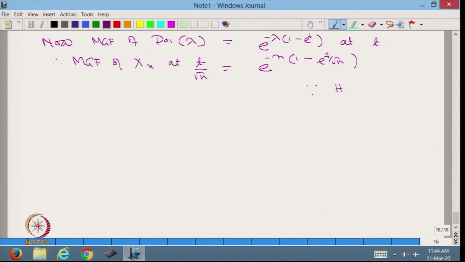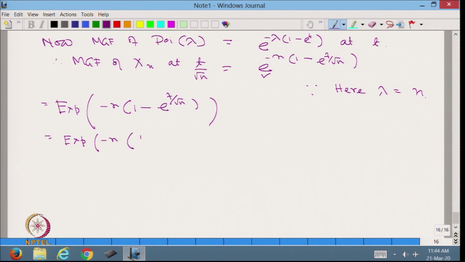Since here lambda is equal to n, this is equal to the exponential of minus n into (1 minus e to the power t by root n). Now, let us expand e to the power t upon root n.